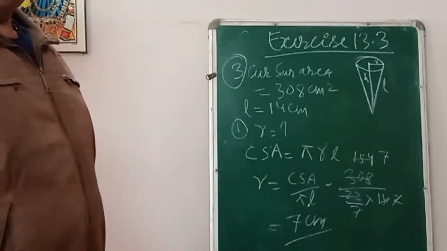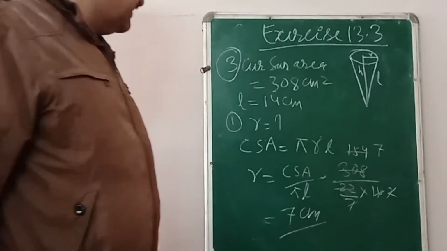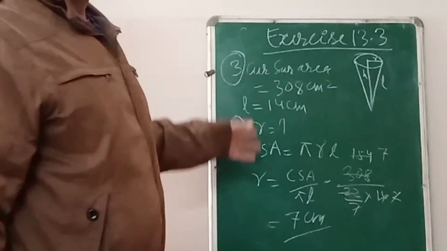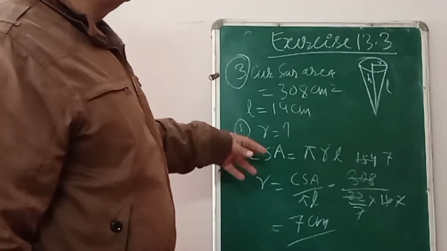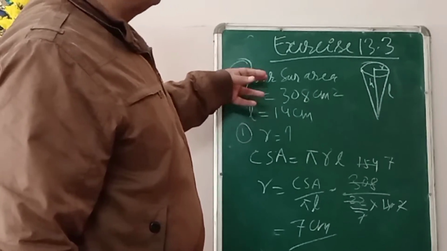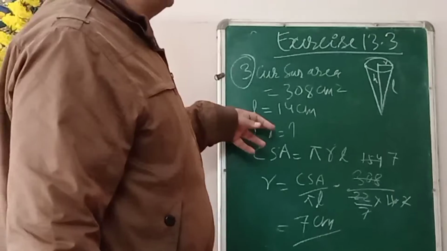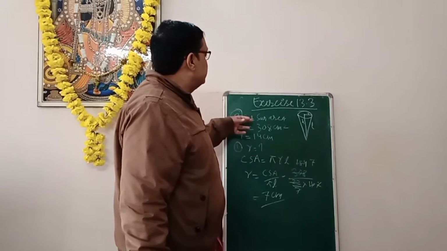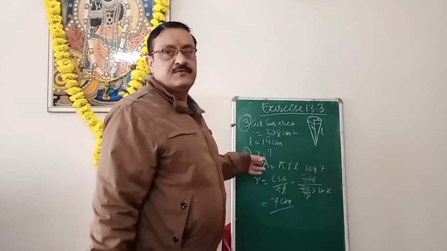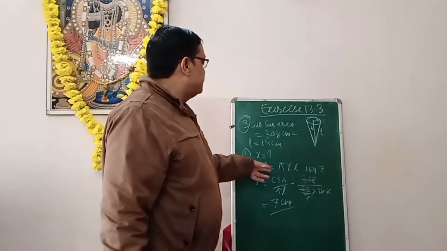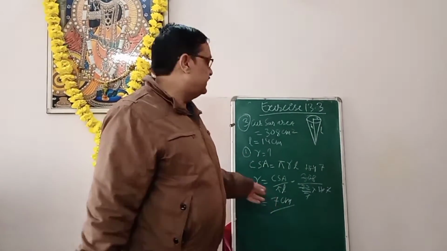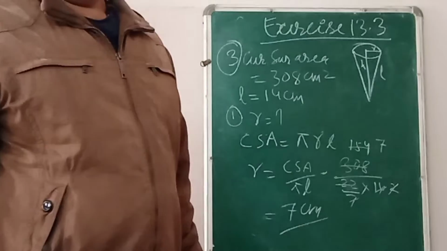So R we will get as 7 centimeter. Everything was given for CSA. CSA was given, L was given, we need to find out R, and we put the values in the formula for CSA and we got this R as 7 cm.